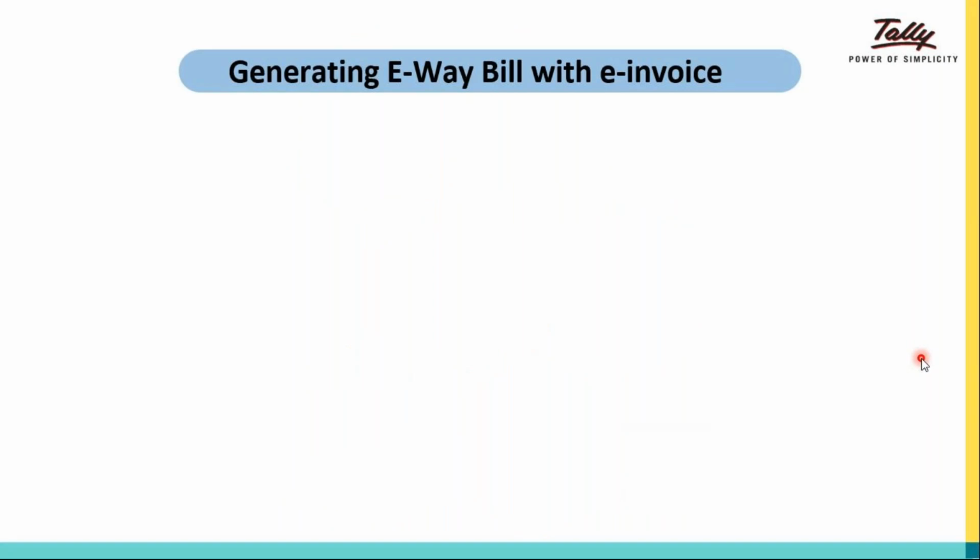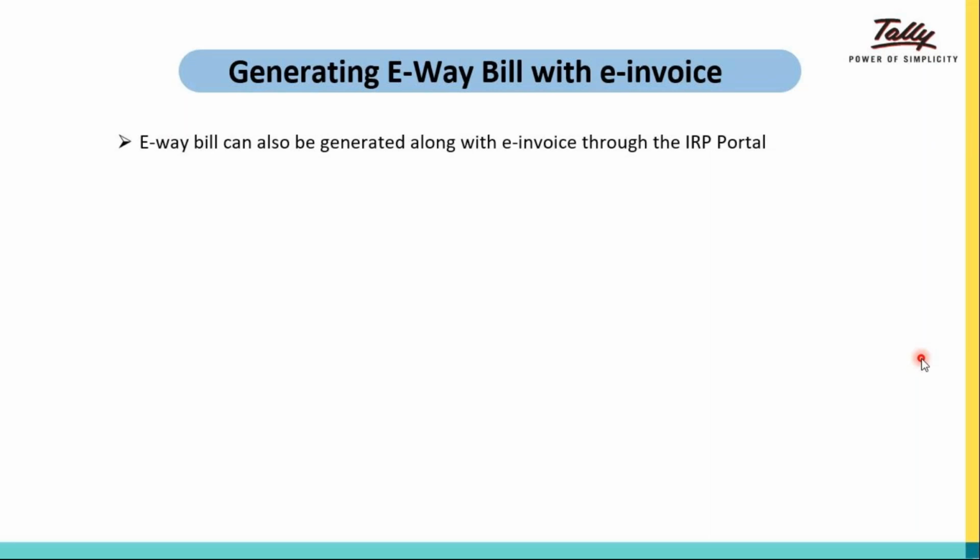Yeah. So now we will discuss generating an e-way bill with your e-invoice. How can you do that? The e-way bill can also be generated along with the e-invoice through the IRP portal. IRP portal is your invoice registration portal.